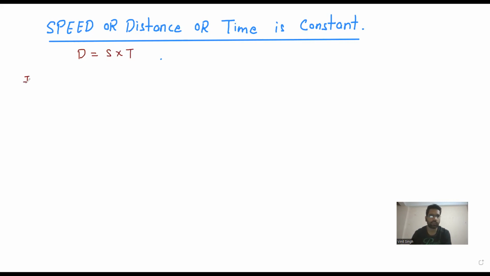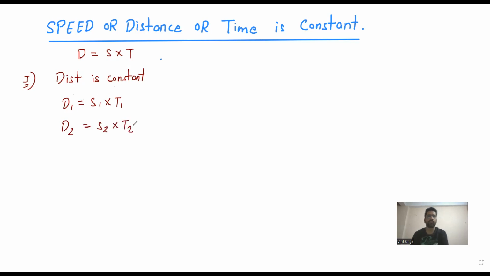Now, the first case is when distance is constant. When the distance is constant, we can write the formula d1 is equal to s1 into t1, and d2 is equal to s2 into t2. Distance is constant means d1 is equal to d2.